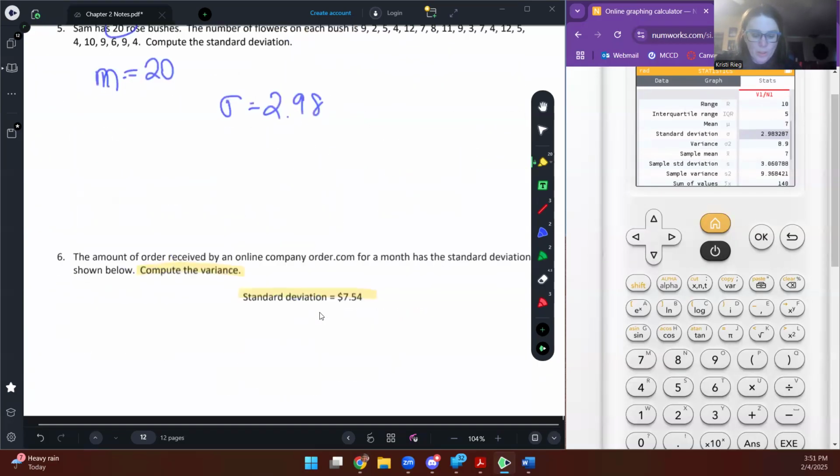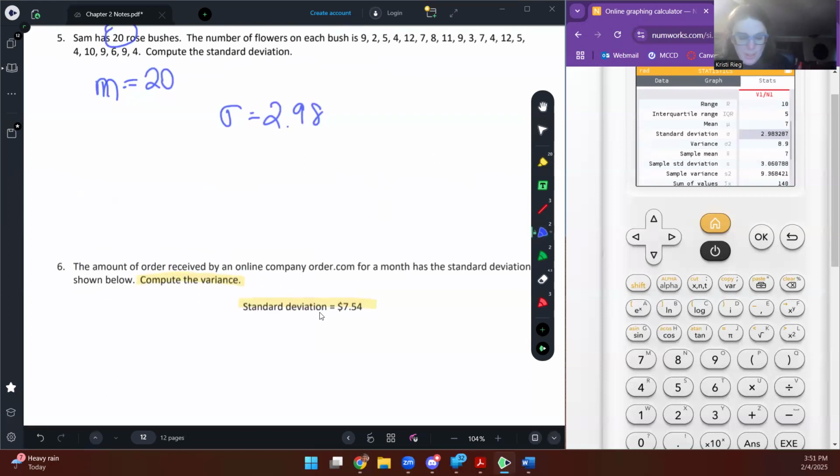Therefore, in order to find the variance, we are going to take our standard deviation and square it. It doesn't matter sample or population, it's just to square the number they give you. So we don't know, we'll just call it S squared. It doesn't matter because we're not choosing anything, we're just taking the number that they gave us.